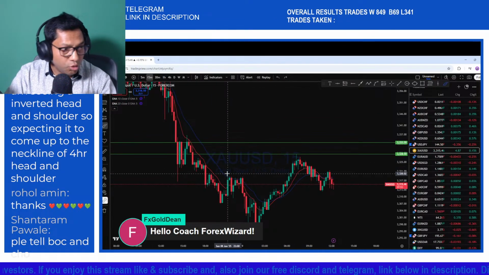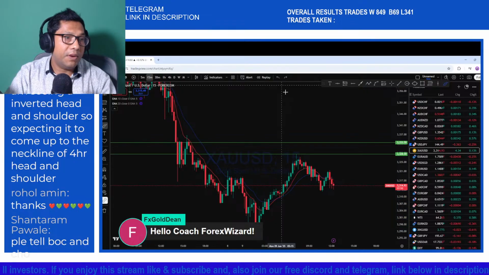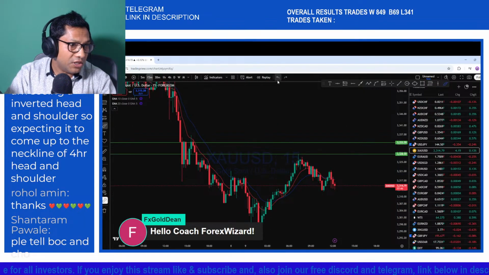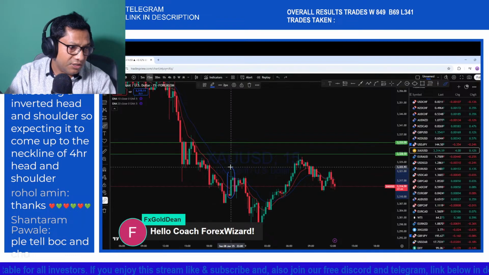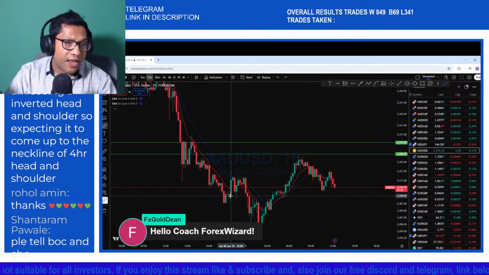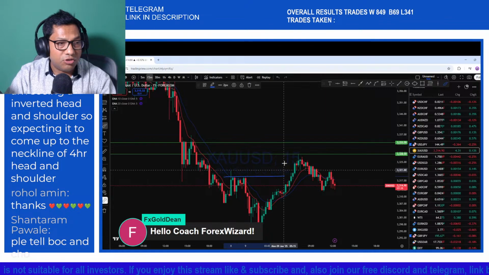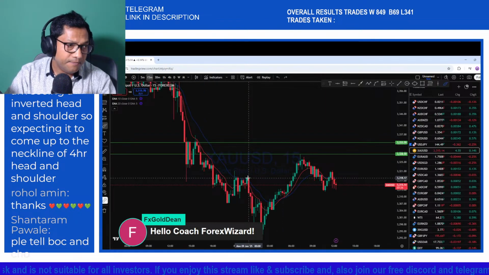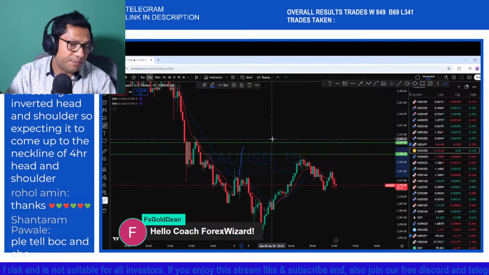If you look at this 15-minute green candle, it was a bit of a stronger move, and that's why I was a little cautious in that area, because it's just opening, we might see further upside.